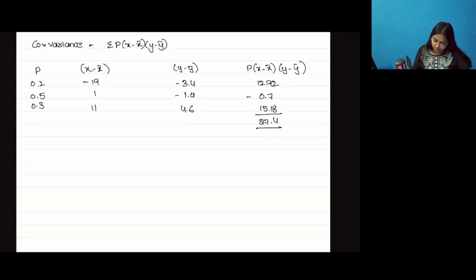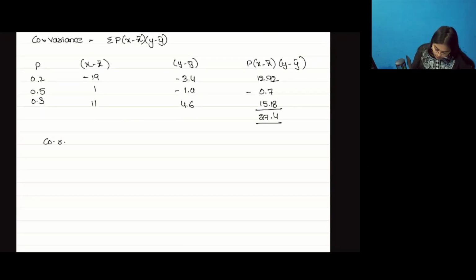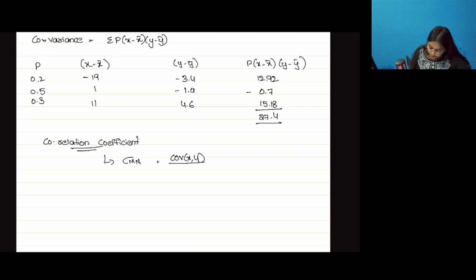And next, correlation coefficient. Correlation coefficient, when the future data is given, there is no future or past data. If we are considering correlation coefficient, it will be covariance of x comma y, that is m comma n, divided by sigma x into sigma y.